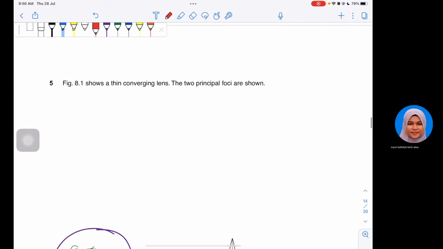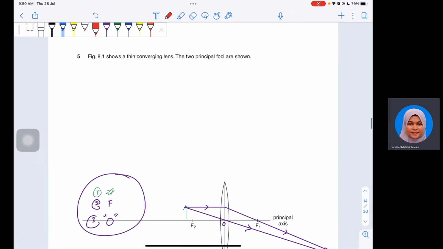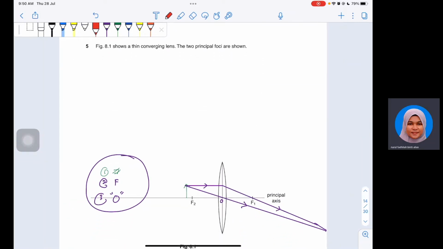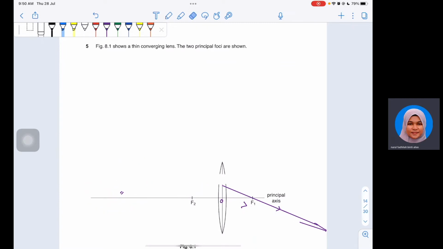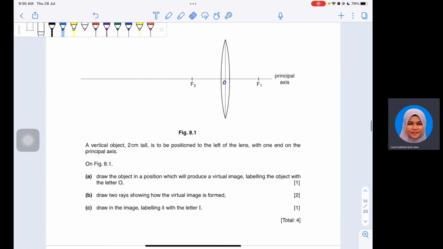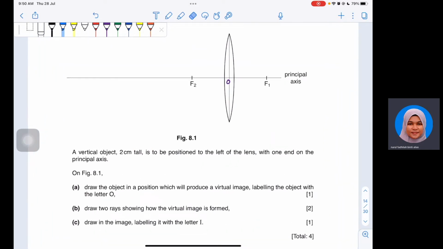Okay. Now, figure 8.1 shows a thin converging lens. The 2 principal foci are shown. Foci tu means focal point lah. Okay, so sekarang ni dia kata a vertical object. Object tu 2 cm tall. When the question gives you this value, 2 cm, you make sure you draw following the given instruction.